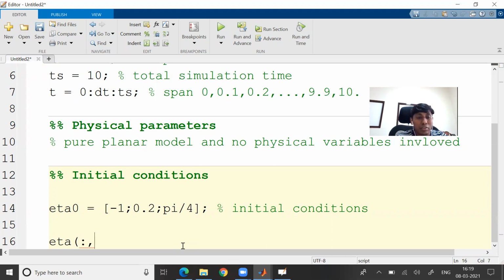I put a colon, and the first variable of that eta is the initial condition, eta of 0. Now we have initialized the variable. If people want to make it zeros, that is also fine, but I took a non-zero initial value. This is all the initial condition.